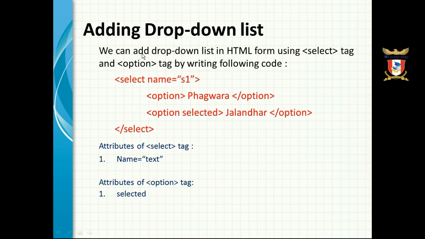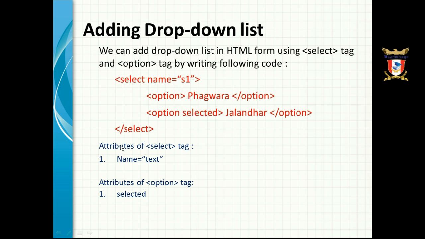To create a drop down list, we have to use select and option tags combinedly. Select is the parent tag and option is the nested tag, and we have to use option tag inside the select tag pairs. So before using option tag, we have to start select tag, and after using option tag we have to close that tag.